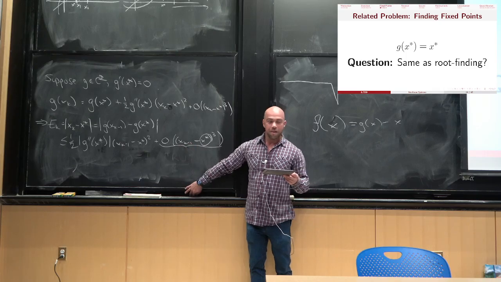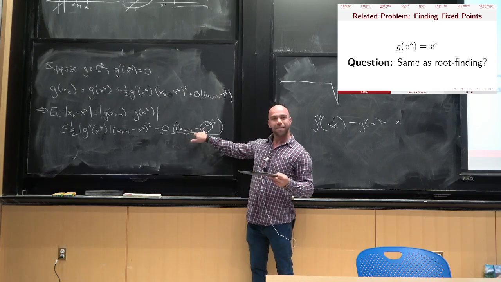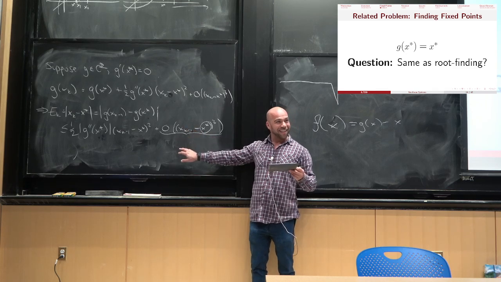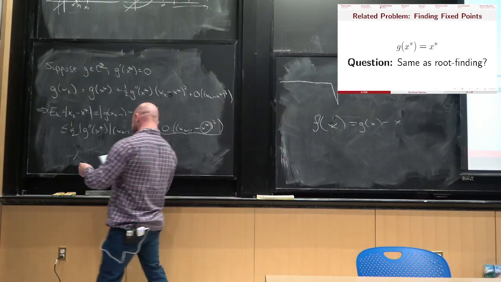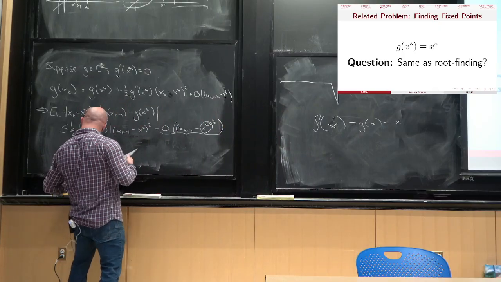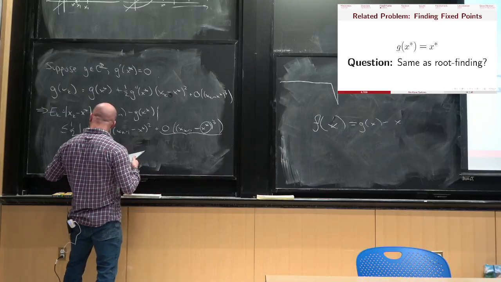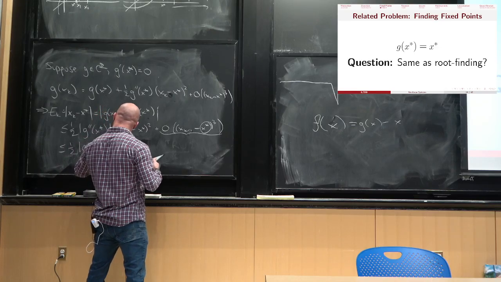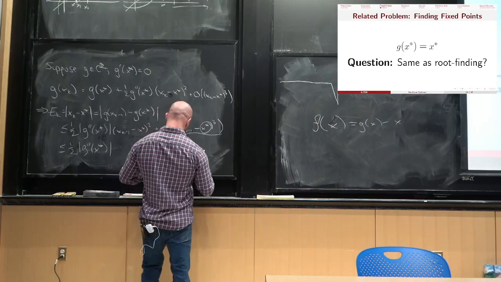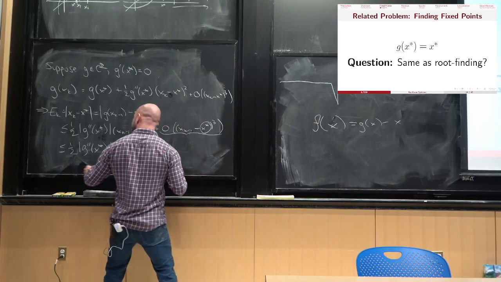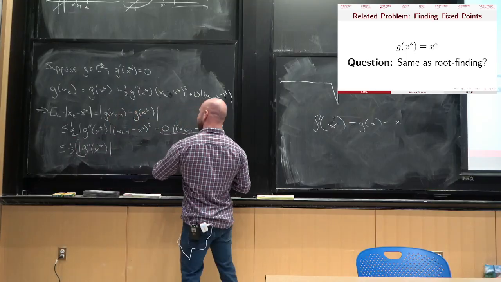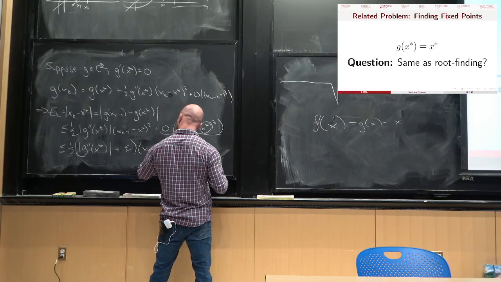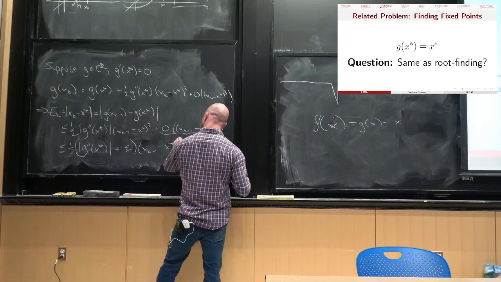So in particular, I claim that as long as x star and x_{k-1} are sufficiently close, for some notion of sufficiently, I can write that this is equal to 1/2 g double prime of x star plus epsilon times (x_{k-1} minus x star) squared.